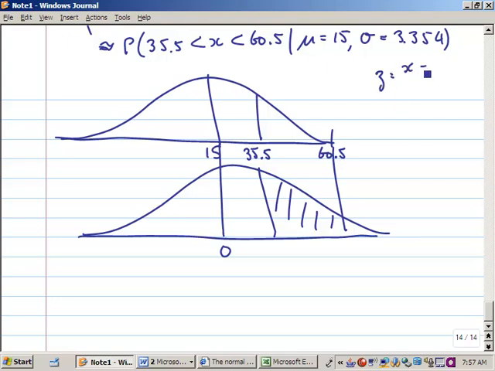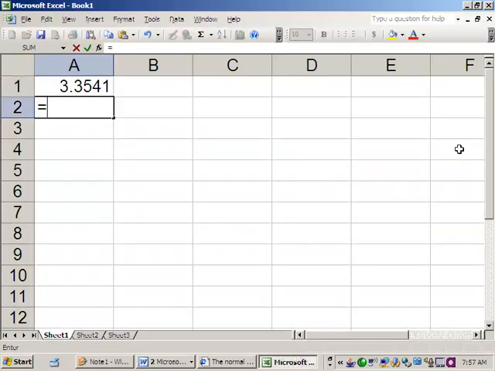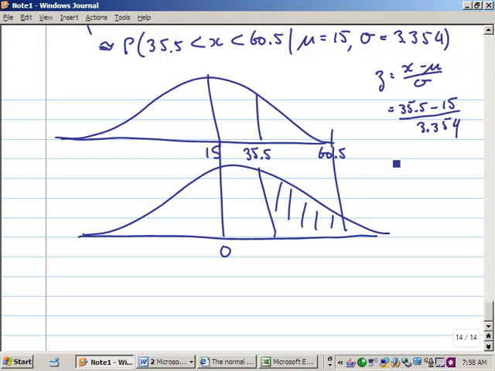Okay, so z is x minus mu on sigma. x is 35.5 minus the mean mu of 15 divided by the standard deviation 3.354. So 35.5 minus 15, that's about 20-ish divided by the standard deviation of about 3, so we get 6.11.